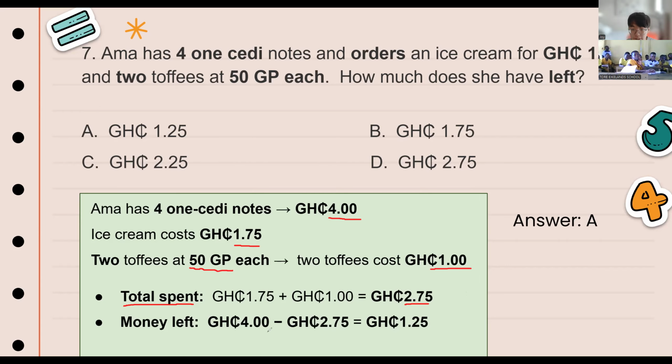And what is 4 minus 2.75? That is 1.25 cedis left. That's why the answer is A for this question. She spent 2.75 cedis in total, and she has 1.25 cedis left.